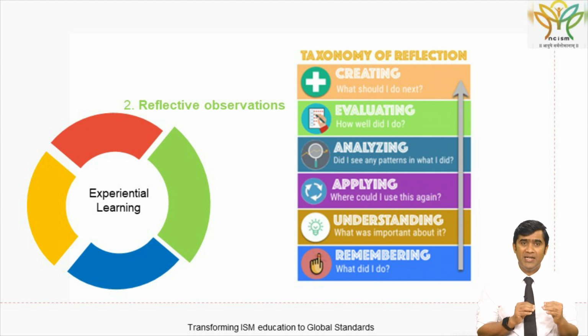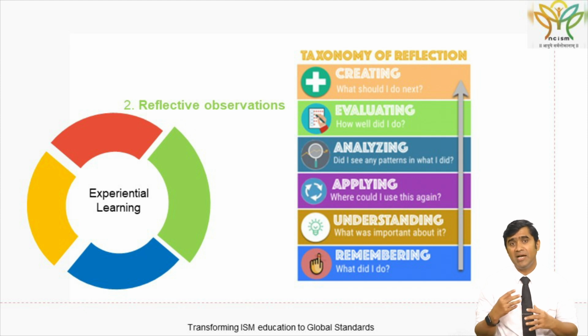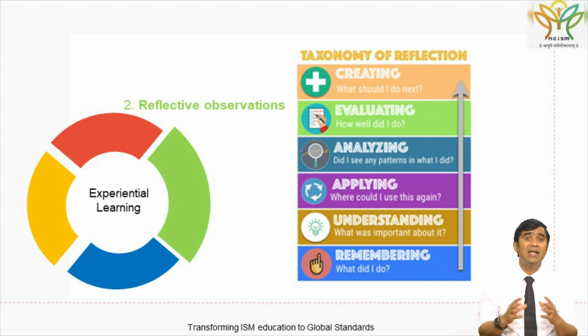Whatever the experience he had, did he see any pattern in what he did? And then how well he did it, and finally, what he could do next. So these are called the taxonomy of reflection, which talks about remembering, understanding, applying, analyzing, evaluating, and creating. This should happen in reflective observation.